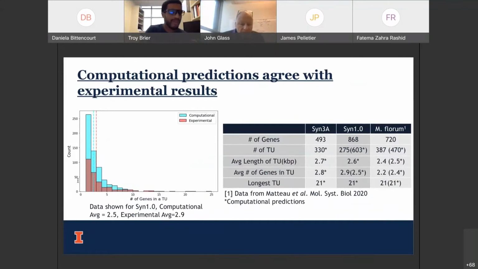So one thing we're very happy to find is that looking at the comparison of the computation to experiments, this light blue to the red, there's pretty good agreement between the number of genes within a transcription unit. The averages, as you can see, are 2.5 for the computational and 2.9 for the experimental. It's important to note that the computational appears to have more transcription units identified, and that can be seen on the table to the right.